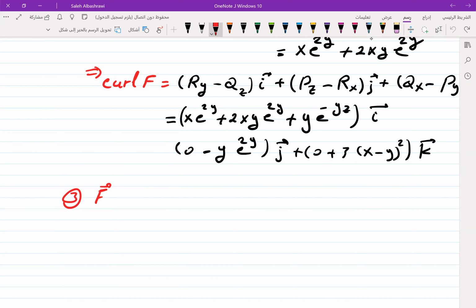F is given by, not in this notation now, 4xy, 2x to power 2 plus 2yz, and the third component is 3z square plus y square.